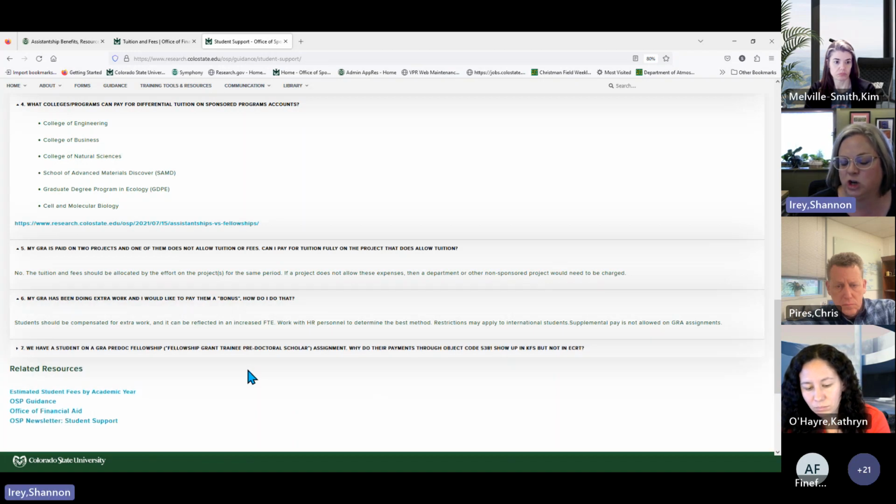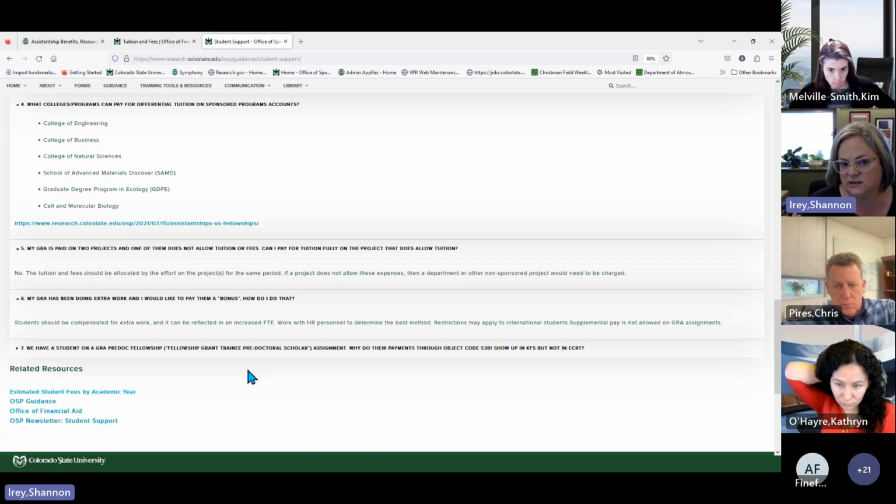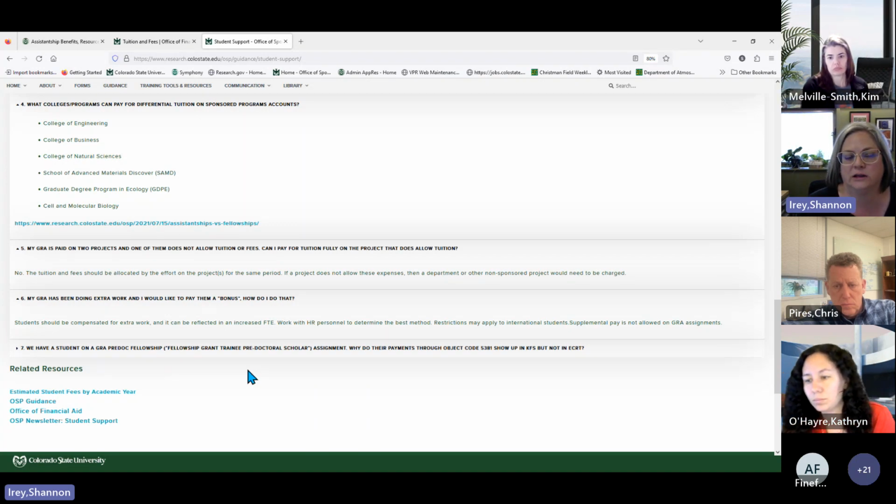Another one is my GRA has been doing extra work and I'd like to pay them a bonus. How do I do that? Well, GRAs can have an increased FTE. The caveat to that again is international students, who are not allowed to be paid over 50% during the academic year based upon their visa restrictions.